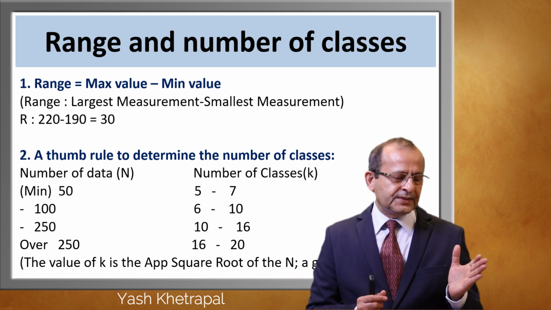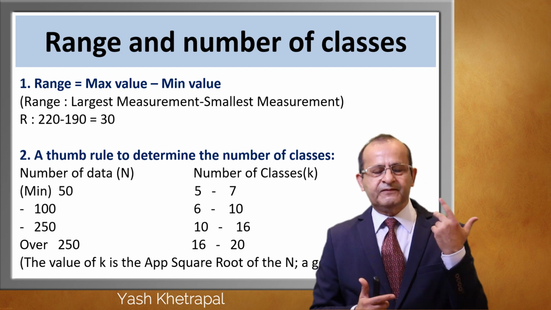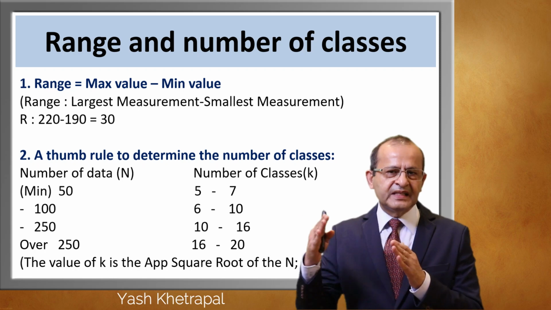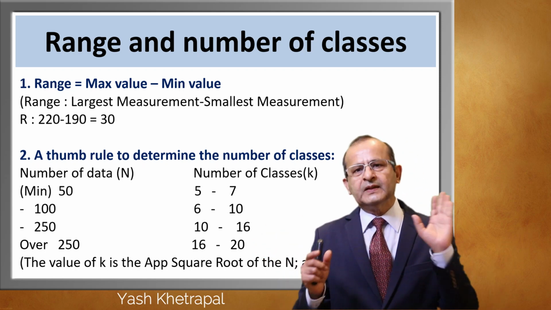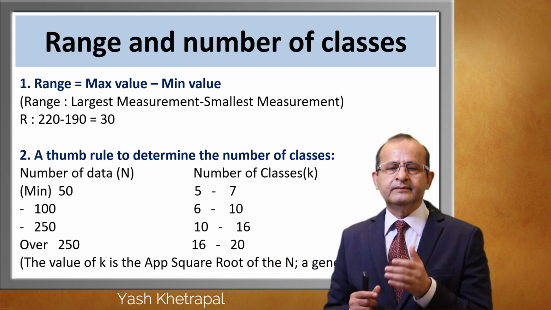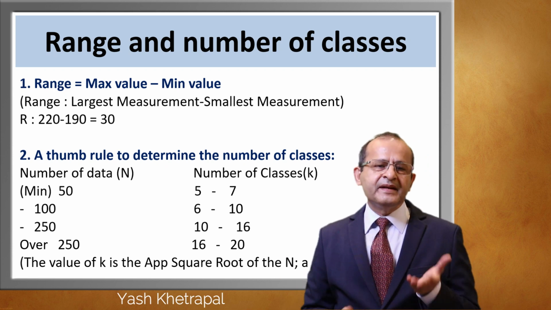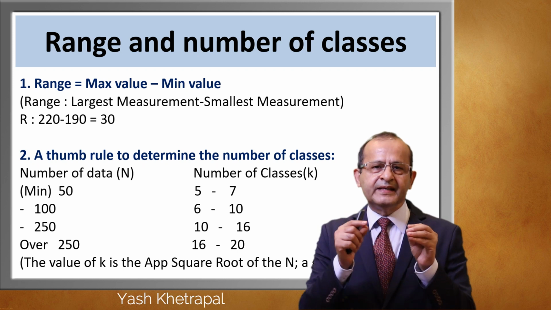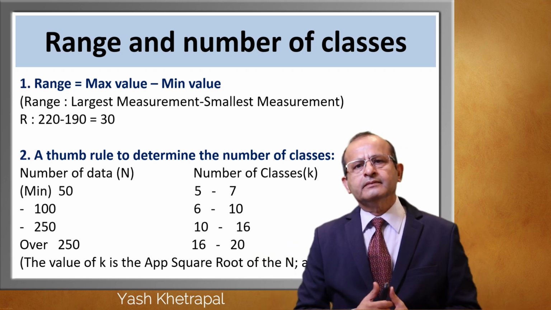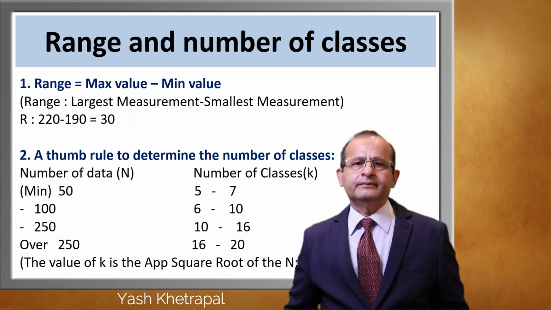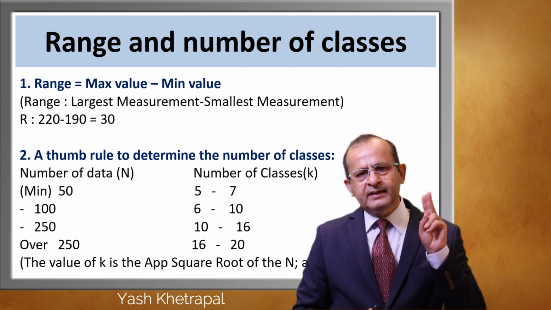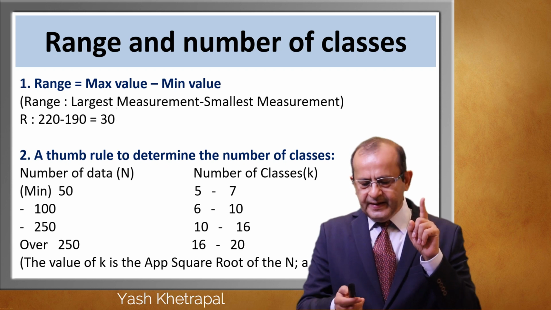But if the sample size is 105, the root will be 10 point something; you ignore that and take the whole number 10. If the sample size is 90, the square root will be 9 point something. What will you do? Round it off to 10. Histogram permits that.